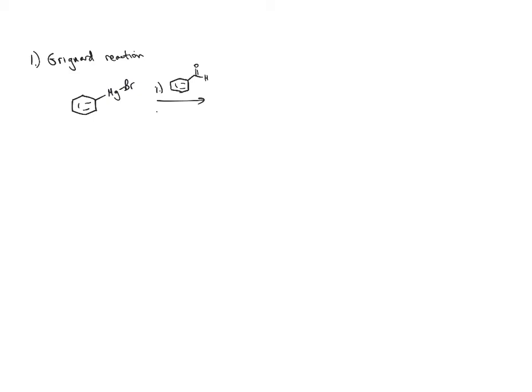Okay, we're going to quench this reaction with ammonium chloride, and so the product that we get from this reaction is going to be a new carbon-carbon bond formed between the phenyl and the carbon that was formerly the aldehyde, and that's going to give us a secondary alcohol. Okay, so Grignard reagents react with aldehydes to give you secondary alcohols. Likewise, organolithium reagents react with aldehydes to give you secondary alcohols.